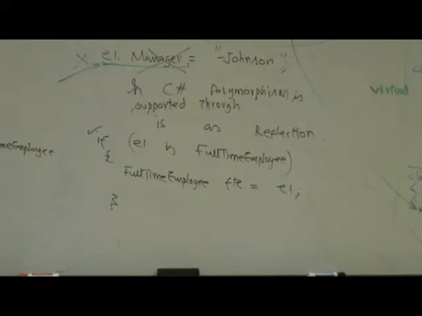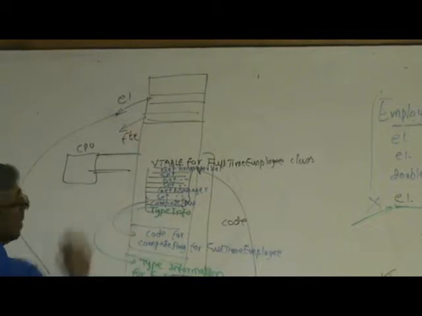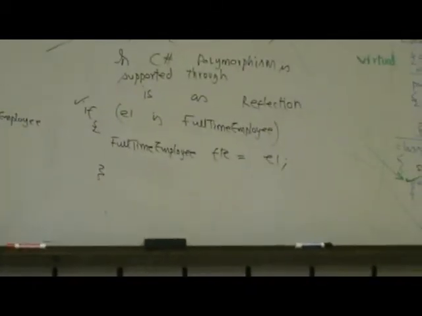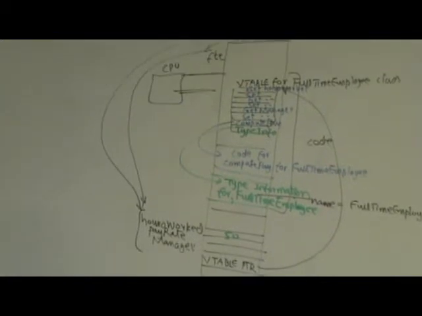Okay, so now we are saying there's another reference called FTE, and what type is it? Full-time employee, and we are making it point to over here, the same place where E1 is pointing to.